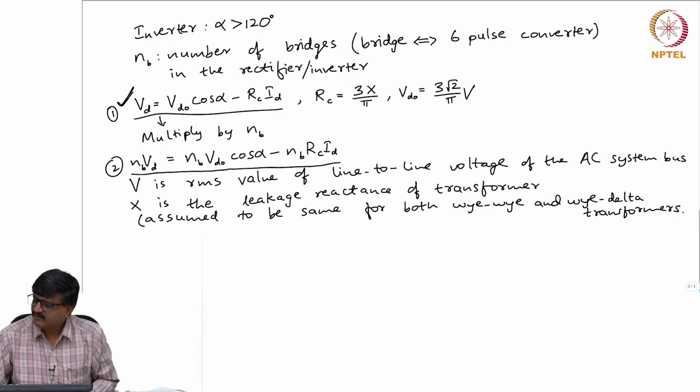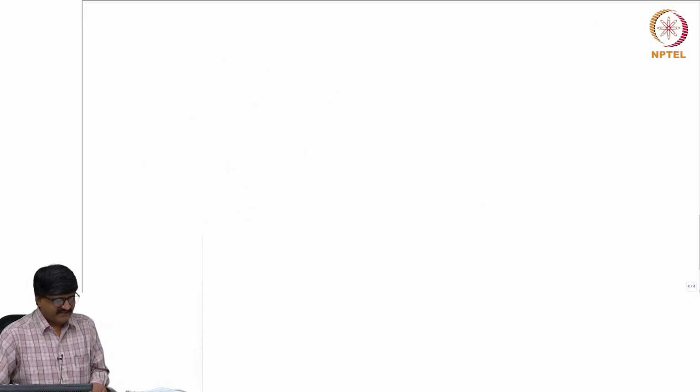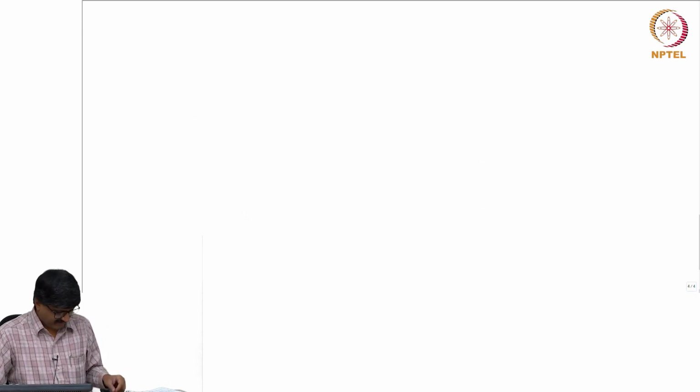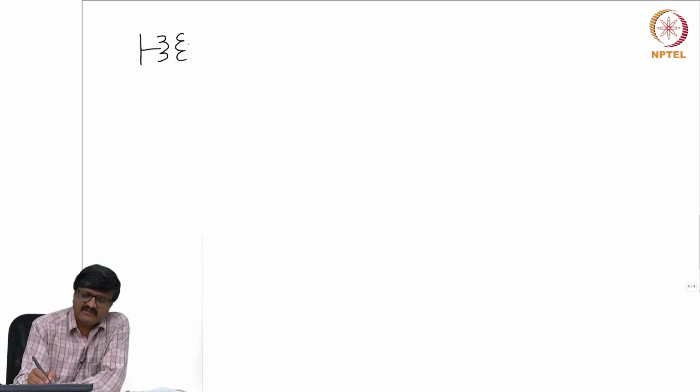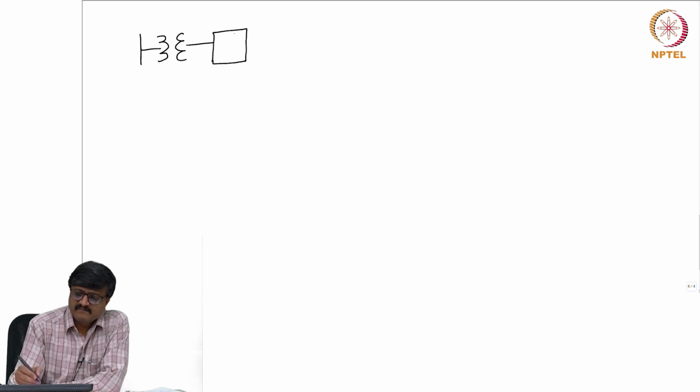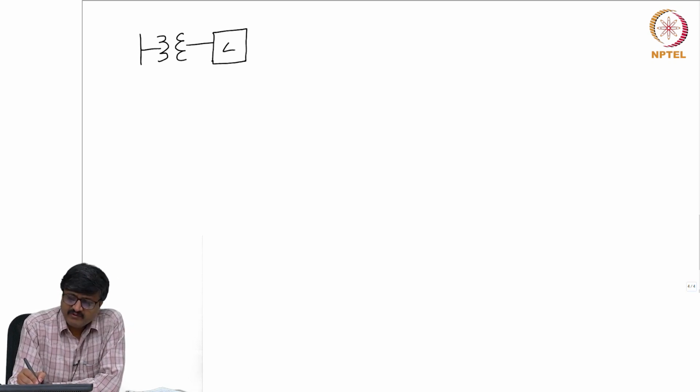Okay. Now, if I want to show a very general arrangement which is common to any of the DC links, I use a different figure. So I just use this general diagram again. Again, this is another schematic diagram. Suppose I show the rectifier side.